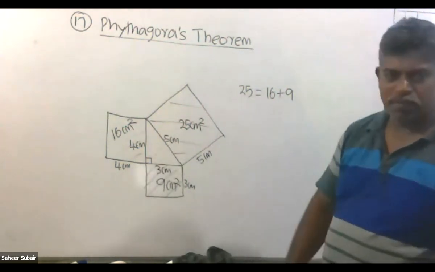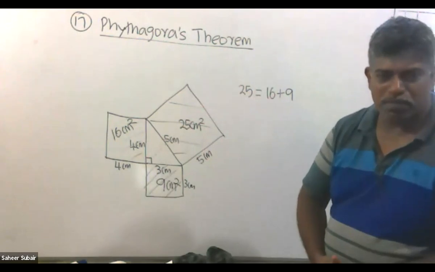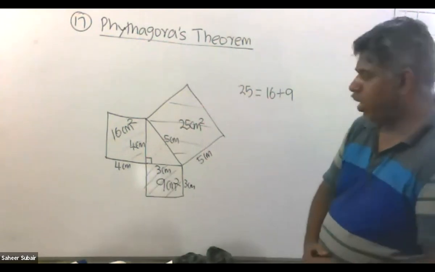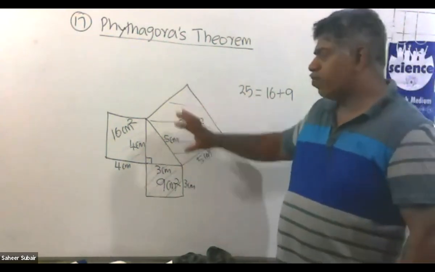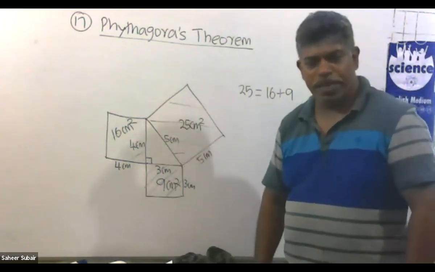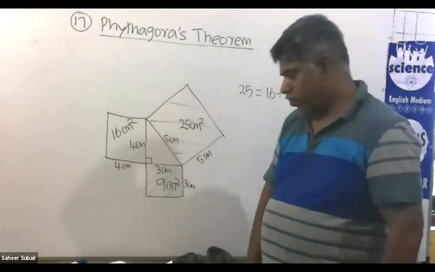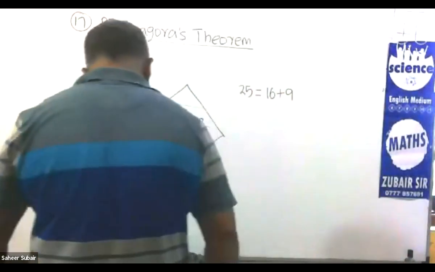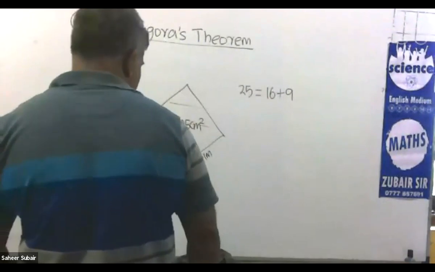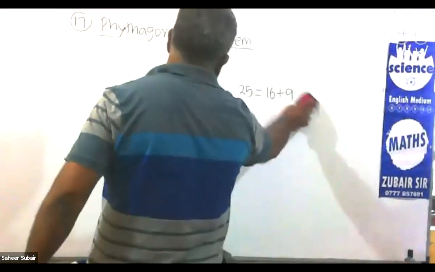So this is the Pythagoras theorem. Right? The area of the square of the hypotenuse side is equal to the sum of the other two areas. So write under the Pythagoras theorem. You can see page 3 and write.